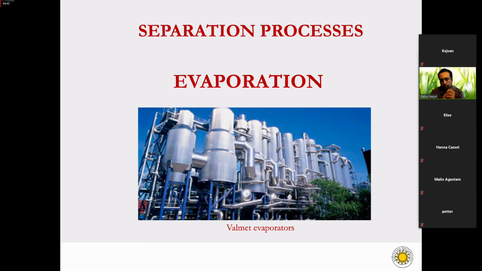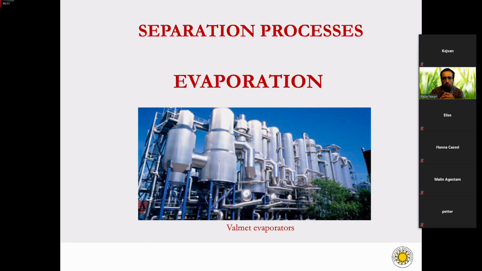Normally, the material we get is called black liquor, and black liquor has a water content of around 80%. So 80% water and 20% lignin and inorganic chemicals. In those 20%, half is the organic material, which is lignin, and half is inorganic chemicals like sodium hydroxide based chemicals.